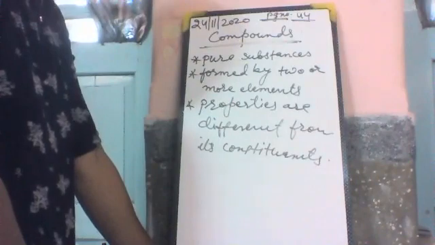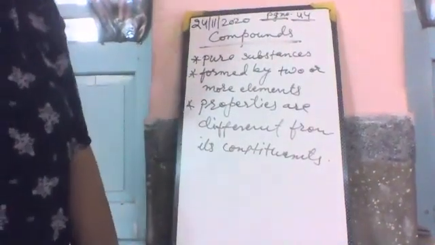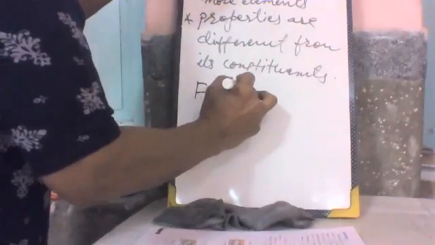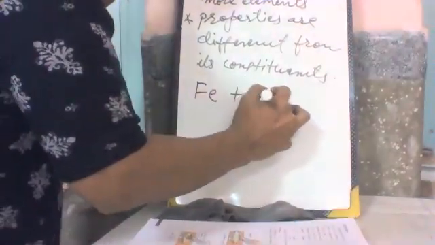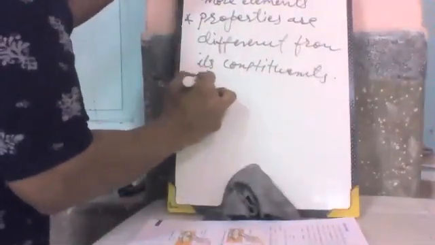To understand the formation of a compound, let us study this example. Iron and sulfur react together to form a compound. Element and element, both are elements.